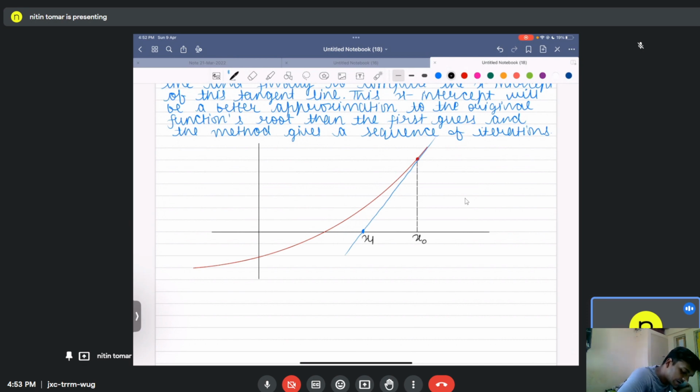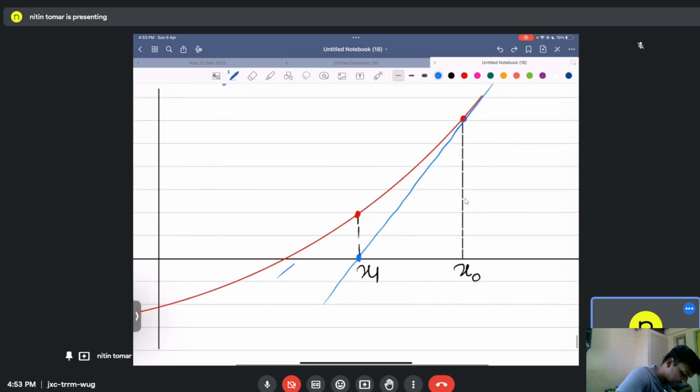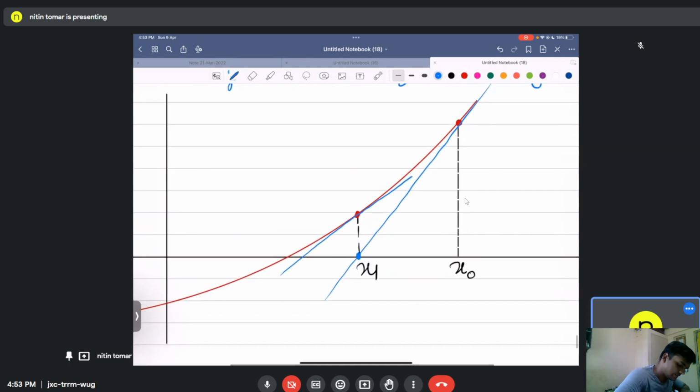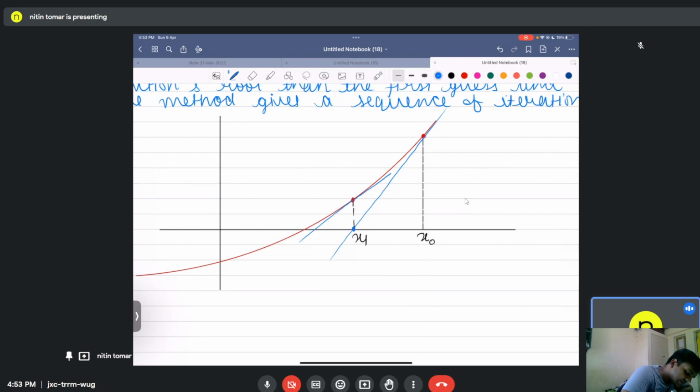Now again you repeat this process. You draw the tangent again, and your tangent will be like this. And where does it intersect?